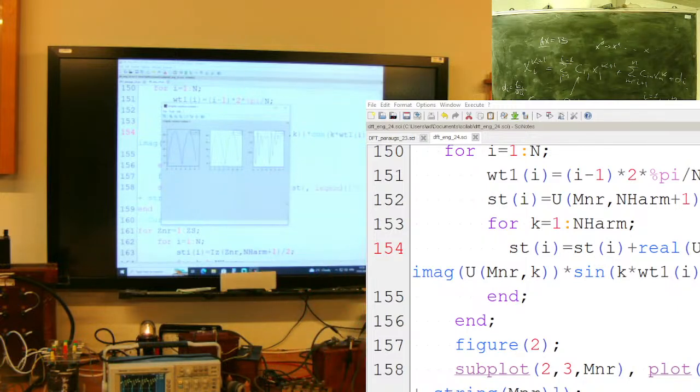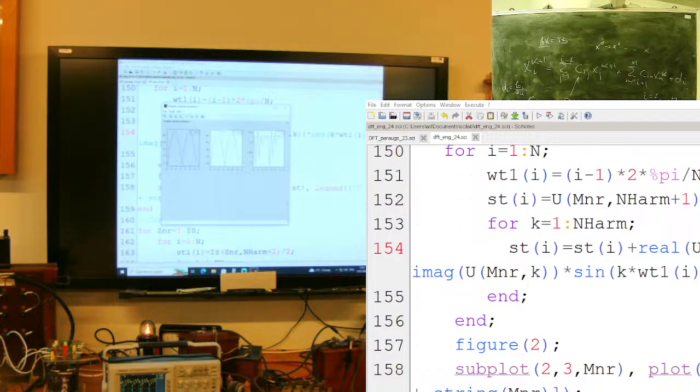Yeah. Sorry. It's because of polarity. Now correct.